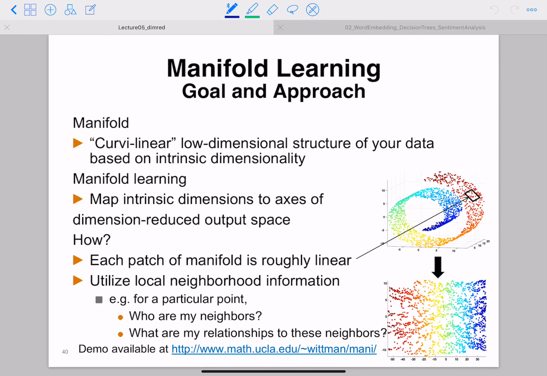So mapping this kind of structure, and then straightening up every potentially curved axis into each of our straight axes in the reduced dimensional space, that is called manifold learning.